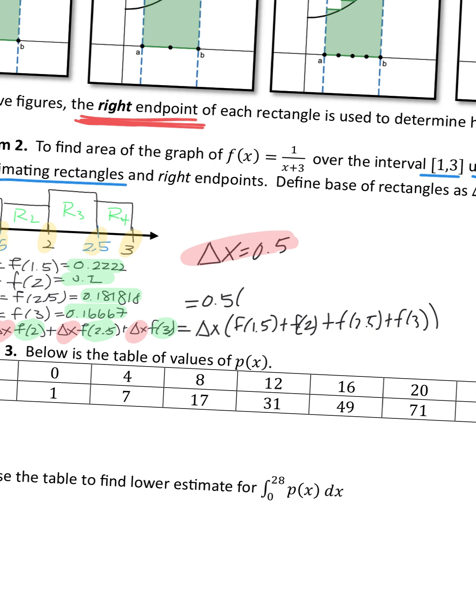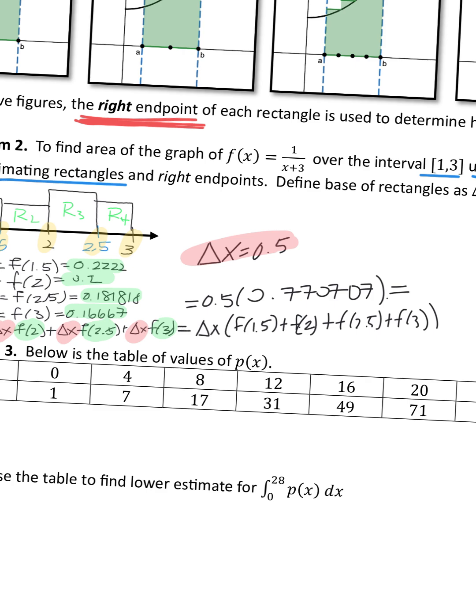give us, let's see, we were going to have f of 1.5 plus f of 2 plus f of 2.5 plus f of 3. So this is going to give us 0.5 times 0.770707, and multiplying those two together will yield the following value.